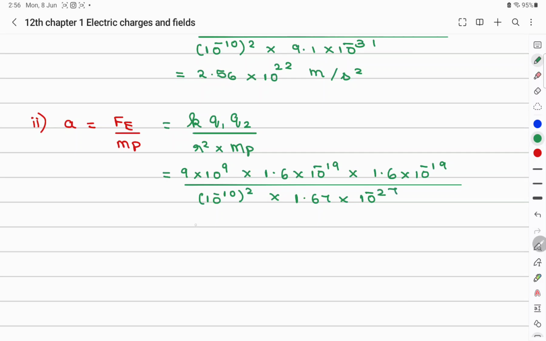So after calculating this, we will get the final answer as 14.4 into 10 to the power of 18 meter per second square.